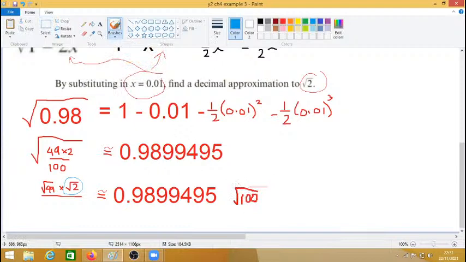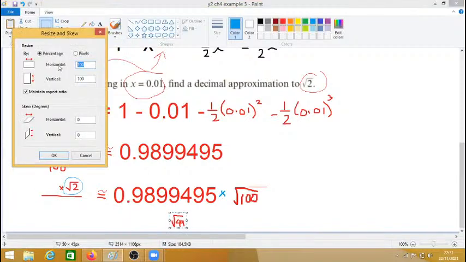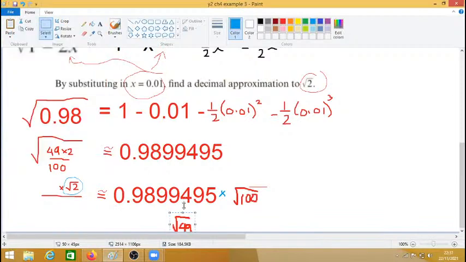And the square root of 49 can come to the other side, so that'll be a divide by square root of 49. And then there's only the square root of 2 left on that side, so that's all I need. I can get rid of everything else.